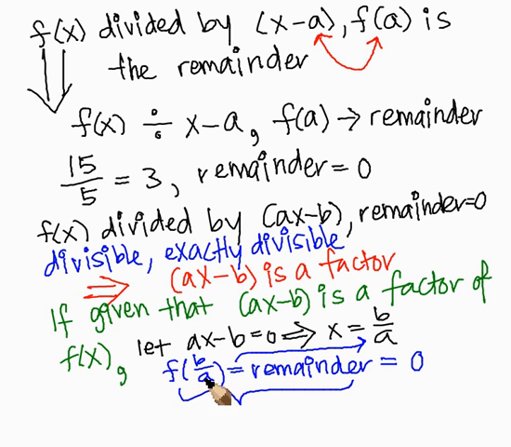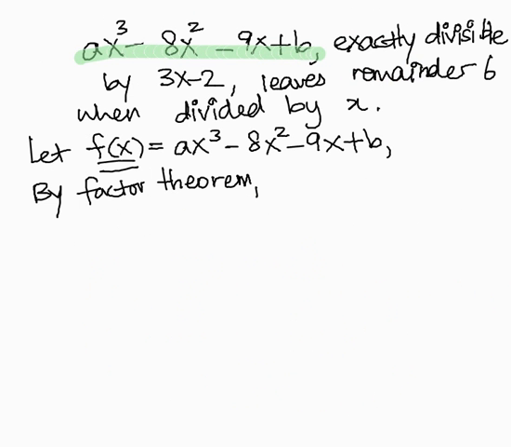So we are saying f(b/a) equals 0. Let me highlight this. This is ax minus b. By factor theorem, let me see where's the b. b is 2, a is 3. So this must be 0. This is the conclusion I have to make in order to proceed with the question. Try to simplify it yourself. You're supposed to get this equation.